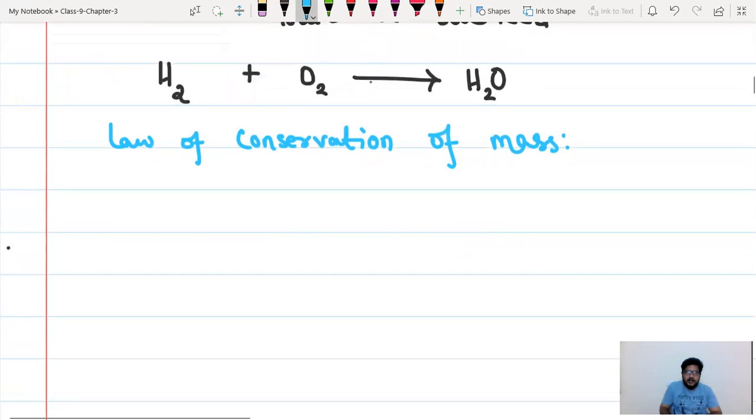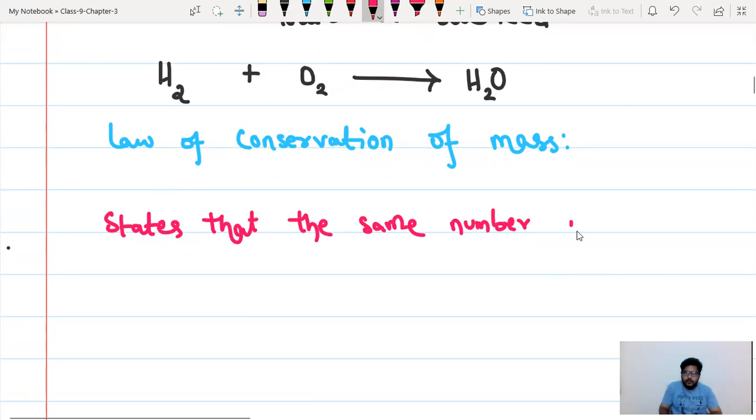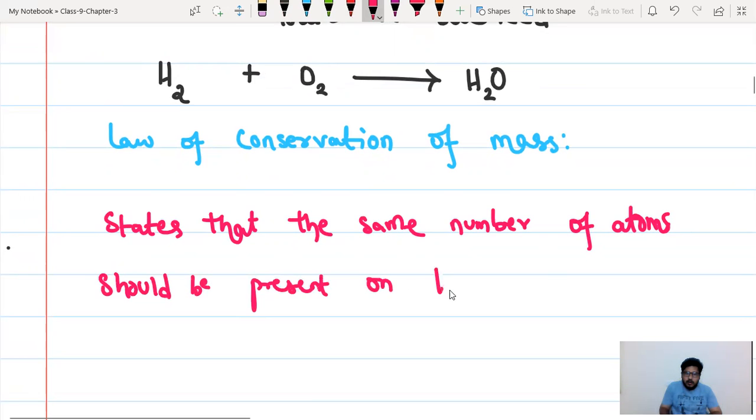Law of conservation of mass states that the same number of atoms should be present on both sides of the chemical equation.